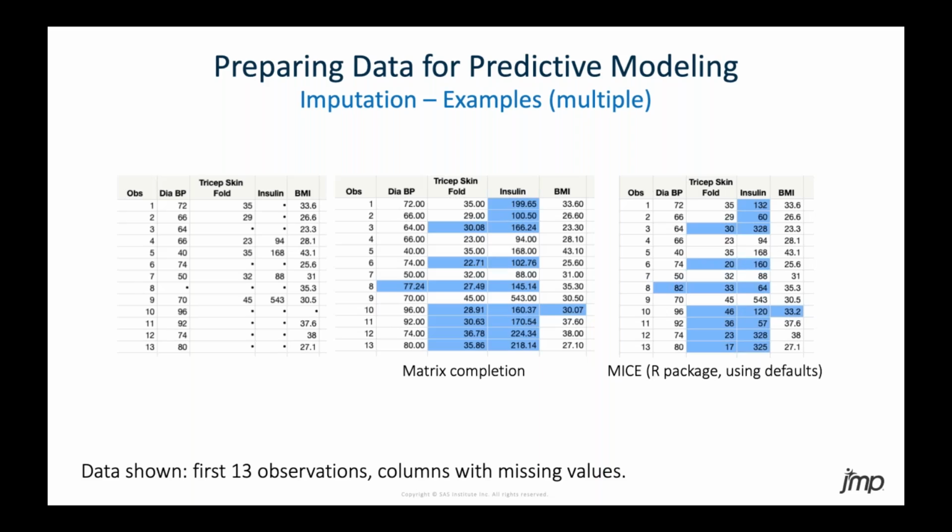The case on the right is implemented within R, very simple: just specify the data set with the missing values that I want to impute. And I'm going to use these new values going forward to circumvent the issue with case-wise deletion.